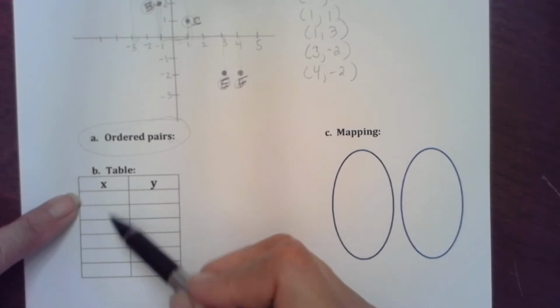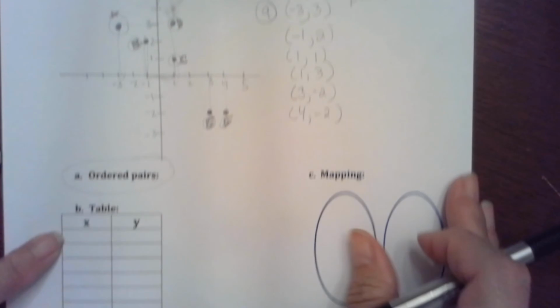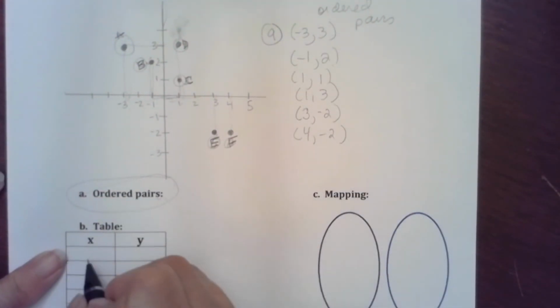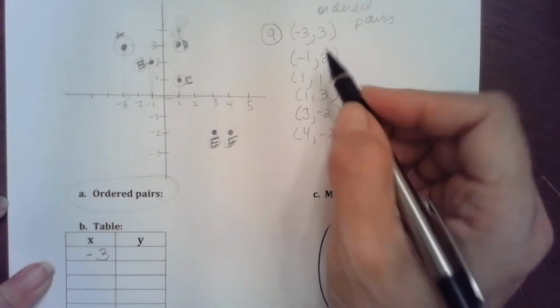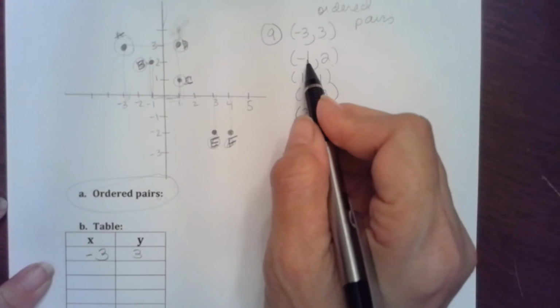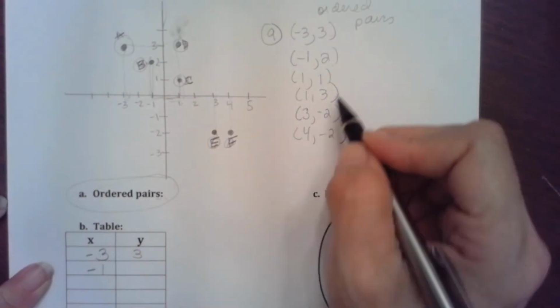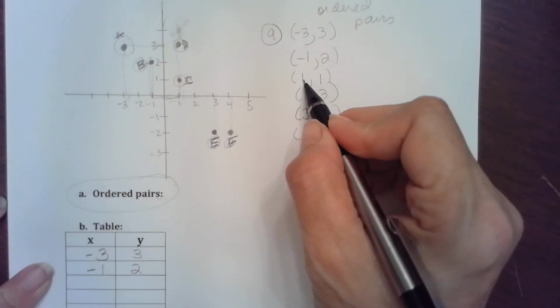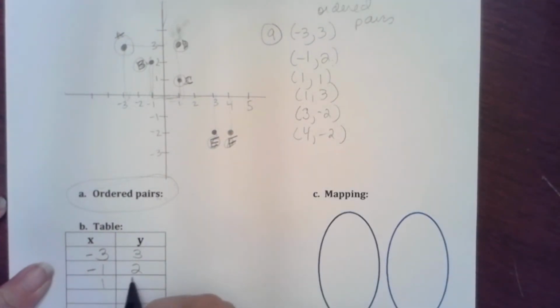Now, as a table, well, they give us the outline of the table here, and all we need to do is fill in the x and the y values. So we're going to take what we just found and use that to fill this in. So when x is -3, what was y? +3. When x is -1, y was 2. When x is 1, y is 1.